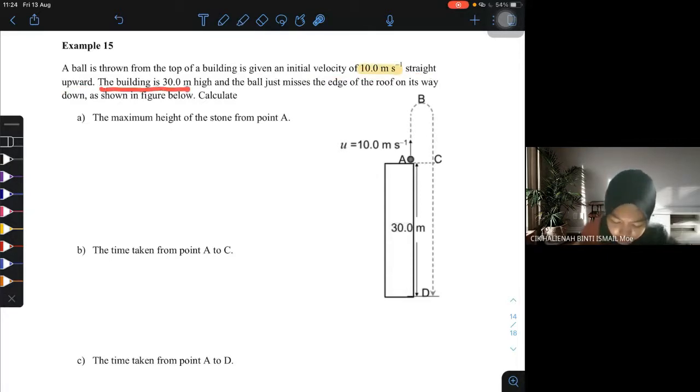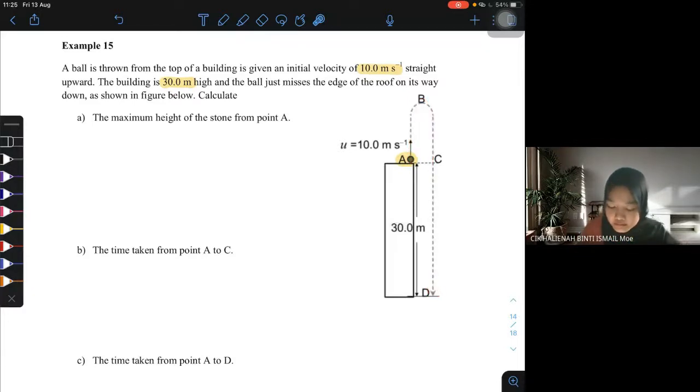The building is 30 meters high and the ball just misses the edge of the roof on its way down, as shown in figure below. Okay, so now we have a ball at point A, which is on the top of a building, and then it is thrown straight up. Dia kena baling ke atas, dan lepas tu barulah dia jatuh ke bawah.